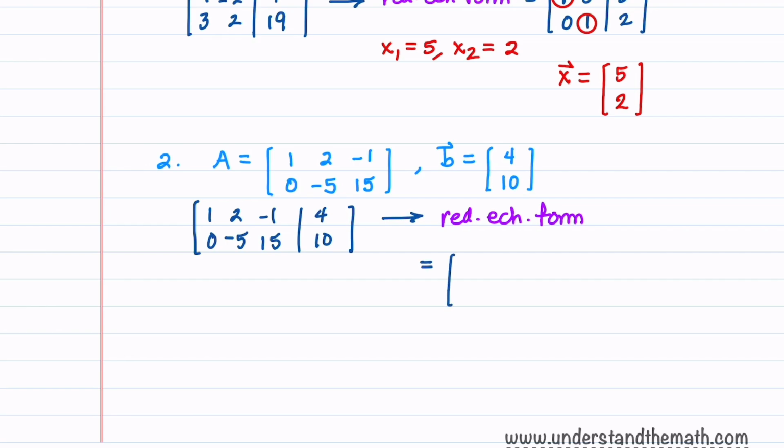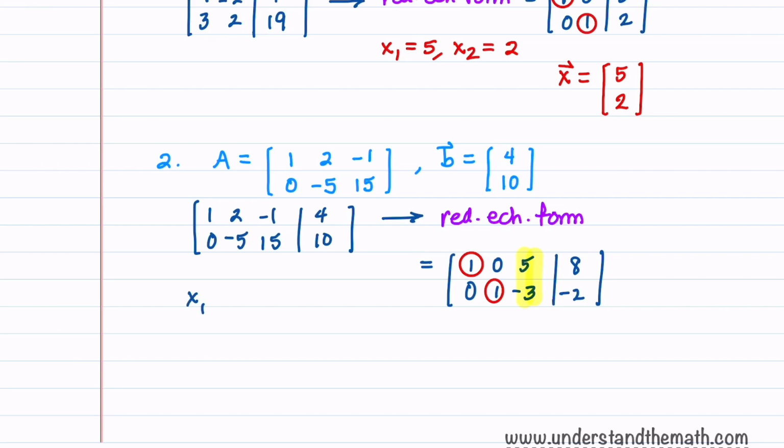Our reduced echelon matrix looks like this. We have 1, 0, 0, 1, 5, minus 3, augmented with 8 and minus 2. We have 2 pivots, and then we have a column without a pivot. That means that we're going to have infinitely many solutions.